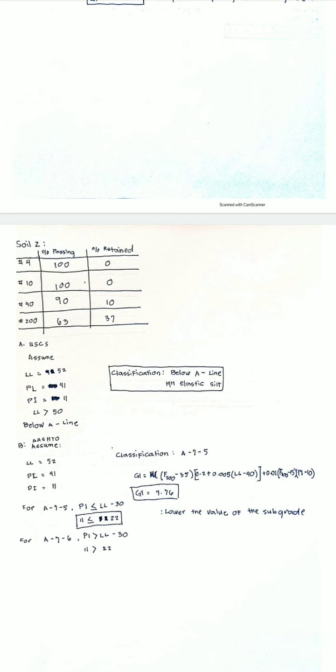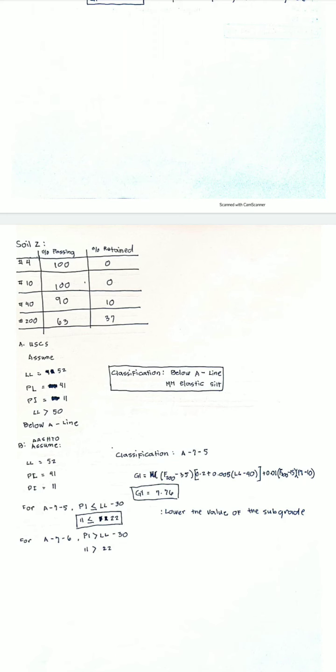Because it is classified as A-7-5, we need to use the GI formula: F200 minus 35 times the quantity of 0.2 plus 0.005 times liquid limit minus 40, plus 0.01 times F200 minus 15 times PI minus 10.